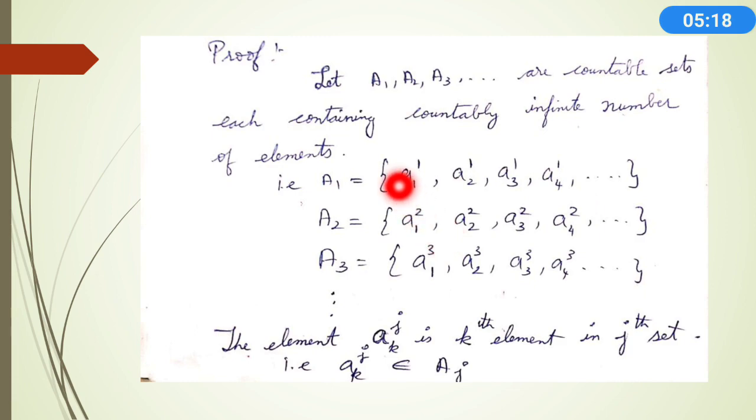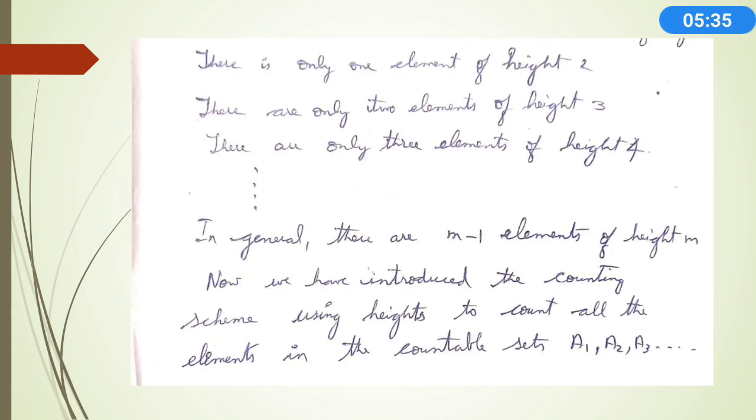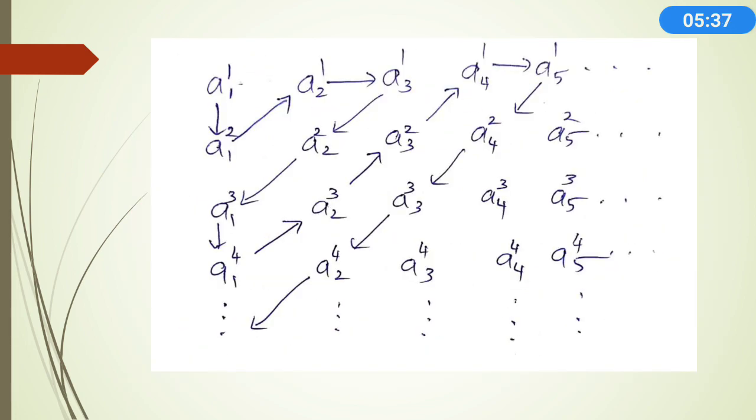Here these elements are not finite, so we have to denumerate them. We have to find a one-to-one onto correspondence with the natural numbers. Here I don't have height 1, but the rest of the elements, heights 2, 3, 4, I can arrange. I can arrange the union of all the countable sets like this.